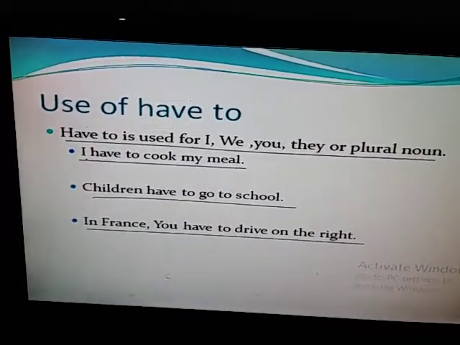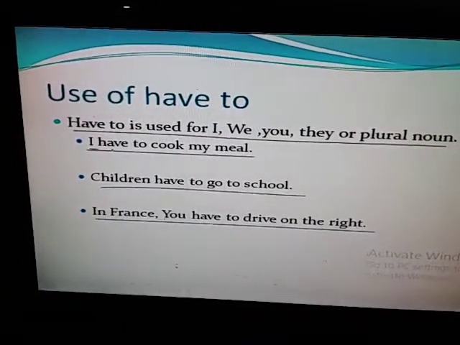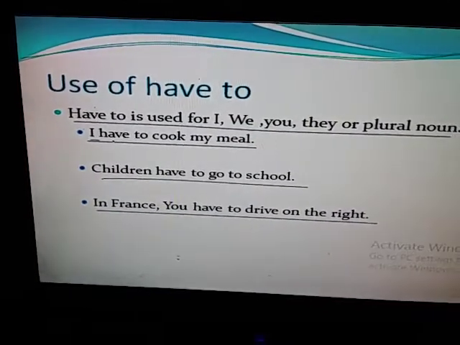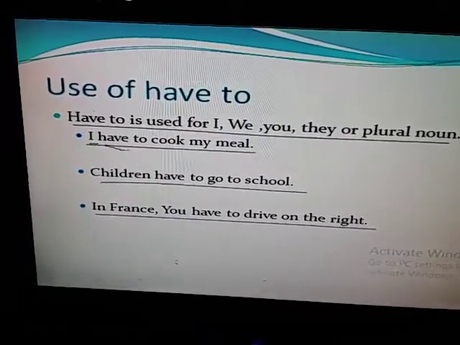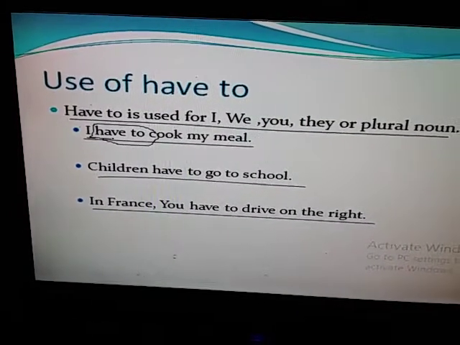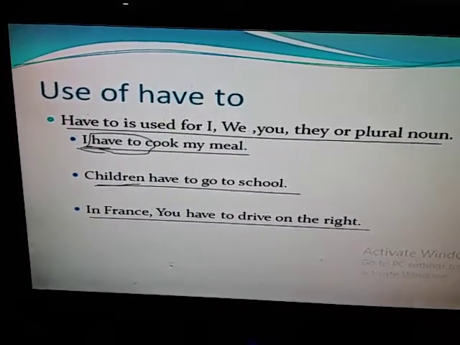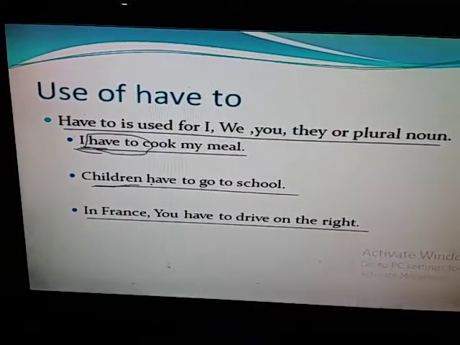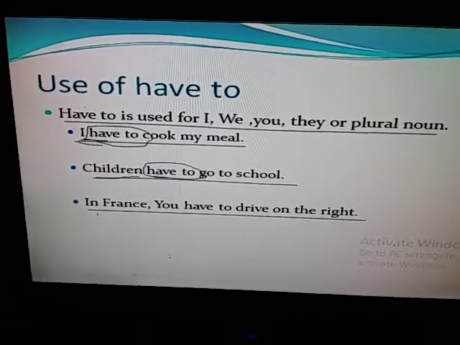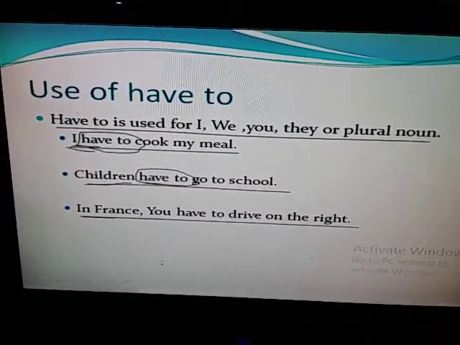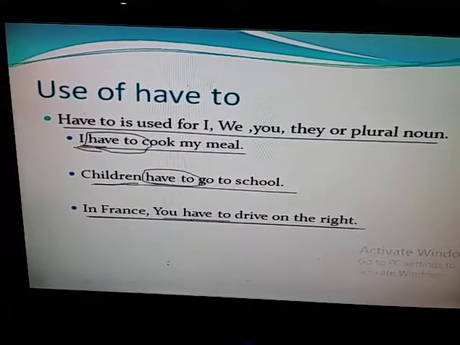Here in the first sentence, the subject is I, and to show that the subject has to do the work because of external circumstances, have to is used here for I. In the second sentence, children, a plural noun, and we again have used have to. In the third sentence, have to is used with you.